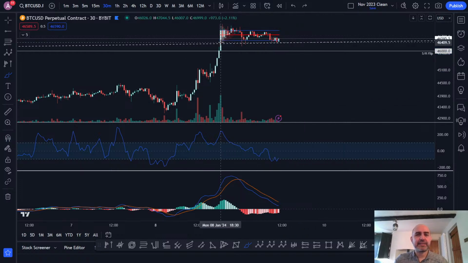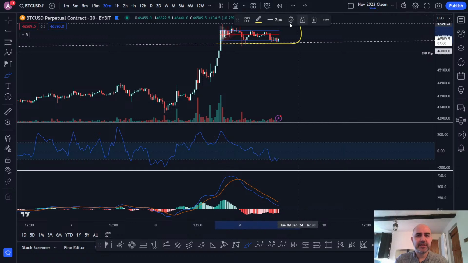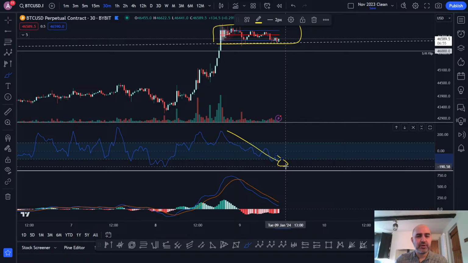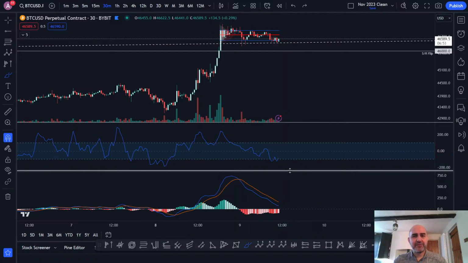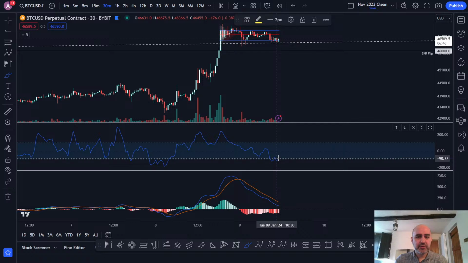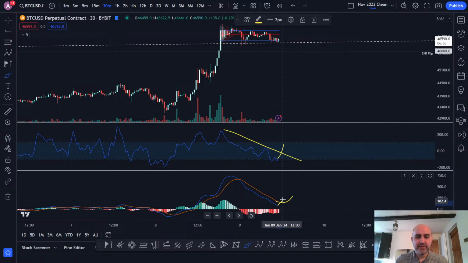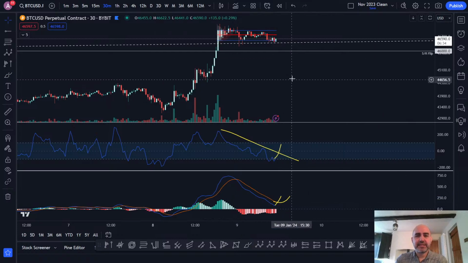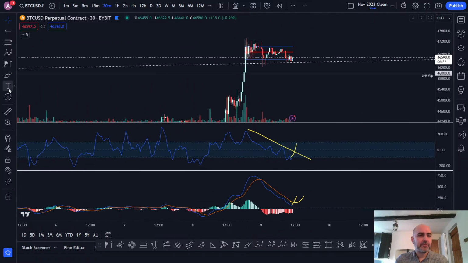But because the price isn't doing the same thing, the price is going sideways in this range and the CCI is going down, that's actually quite bullish, and that gives you an indication that it's a bit too premature to sell, and actually the price is probably looking to reverse. So what you're going to get is the CCI is going to go up. You're going to get some kind of trend line break on the CCI, and the MACD will start to turn, and then you'll see the price move up.